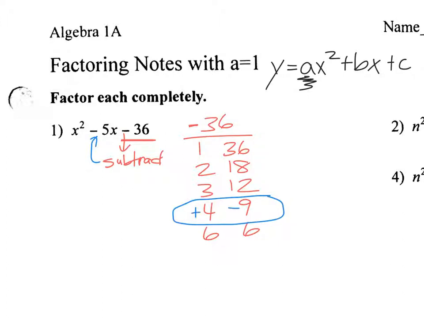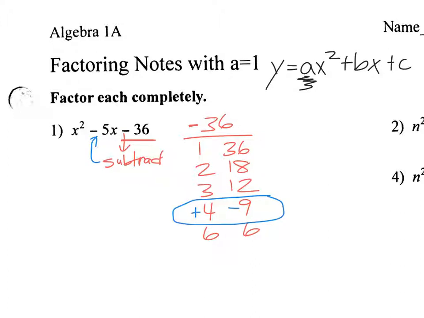So, just in review, 4 times negative 9 gives me negative 36. Positive 4 minus 9 gives me negative 5. Hopefully as you continue practicing these, you won't necessarily need to make this little list over here on the side, but we'll do it a couple of times and then we'll go a little bit faster.